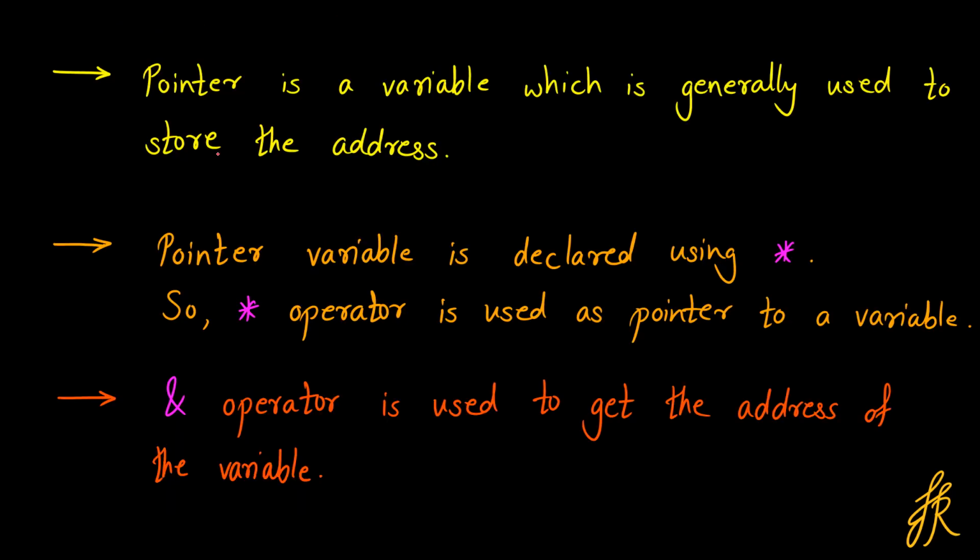Star is also called the dereference operator. There are different naming conventions for star, so let's also write them. Star is called the indirection operator.